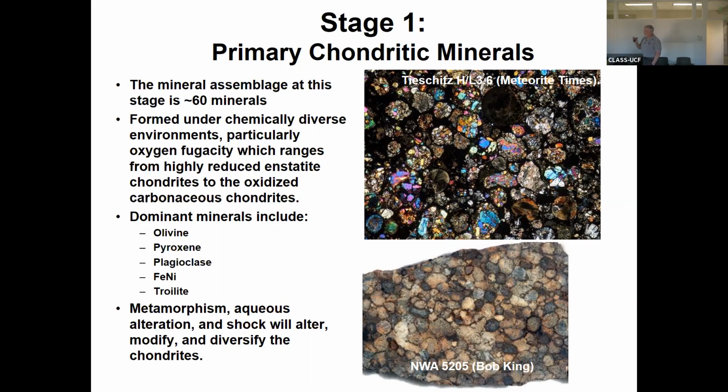What they do is sample the diverse environments of the solar system. So you have a huge range in oxygen fugacity, so you get highly oxidized things and highly reduced things. You get a range of temperatures and pressures. Here, what dominates is olivine, pyroxene, plagioclase, nickel iron alloys, and the iron sulfide troilite.